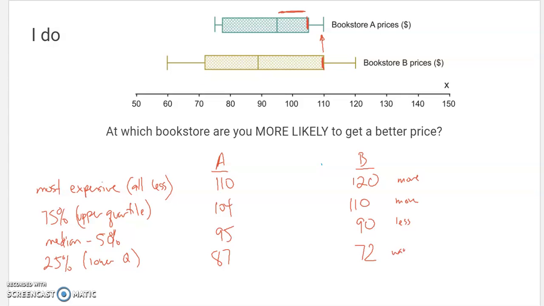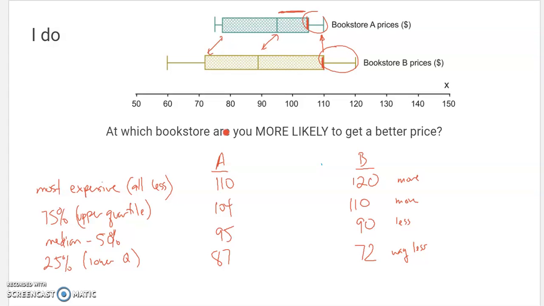So now at this point, the cheaper books at store B are way cheaper than the cheaper books at store A. So this is kind of an interesting comparison to make. When we were looking at the more expensive books on the end, store B was a lot more. But now as we get to the cheaper books, it's reversing and store B is less.